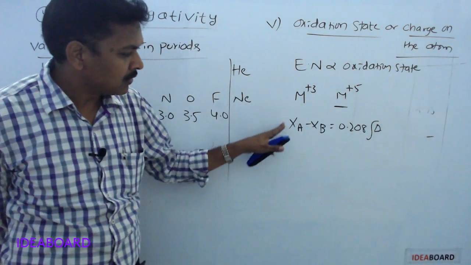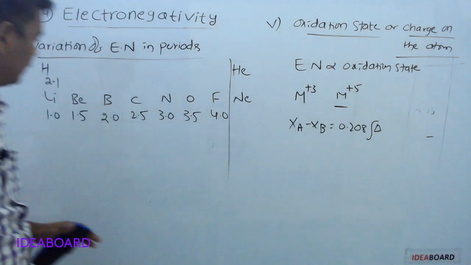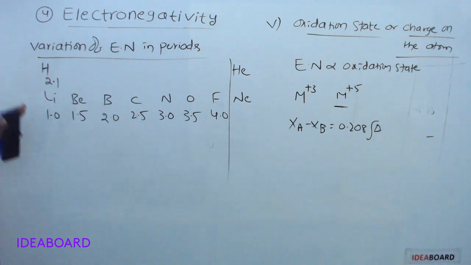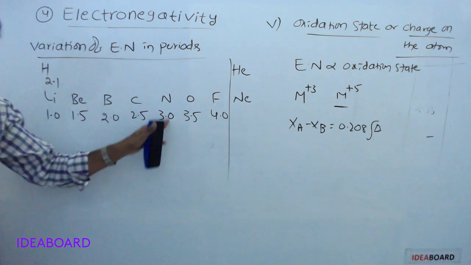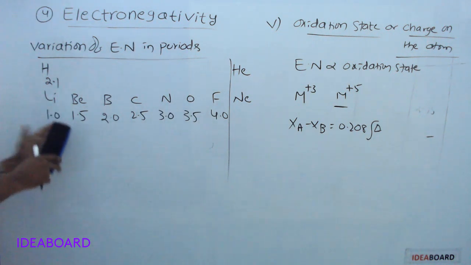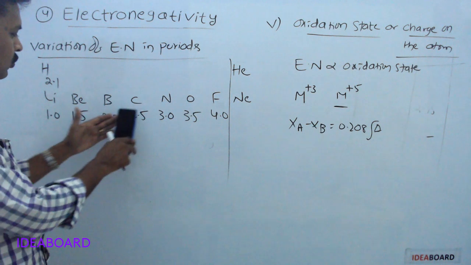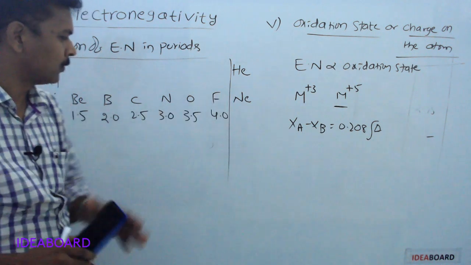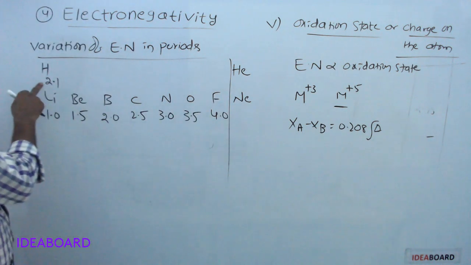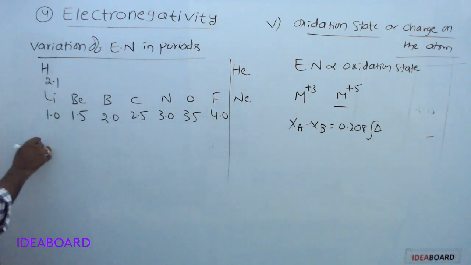Xa is electronegativity of the element A, Xb is electronegativity of the element B. So these are the Pauling values. Left to right increase. You should remember these values, but it is easy to remember also. Just 1, 1.5, 2, 2.5, 3, 3.5, 4. Top to bottom decrease.